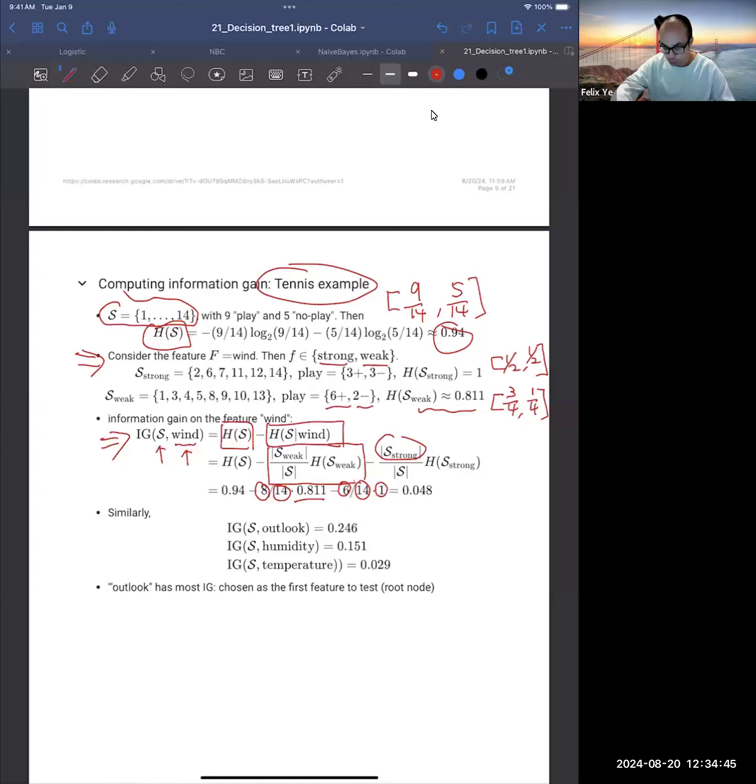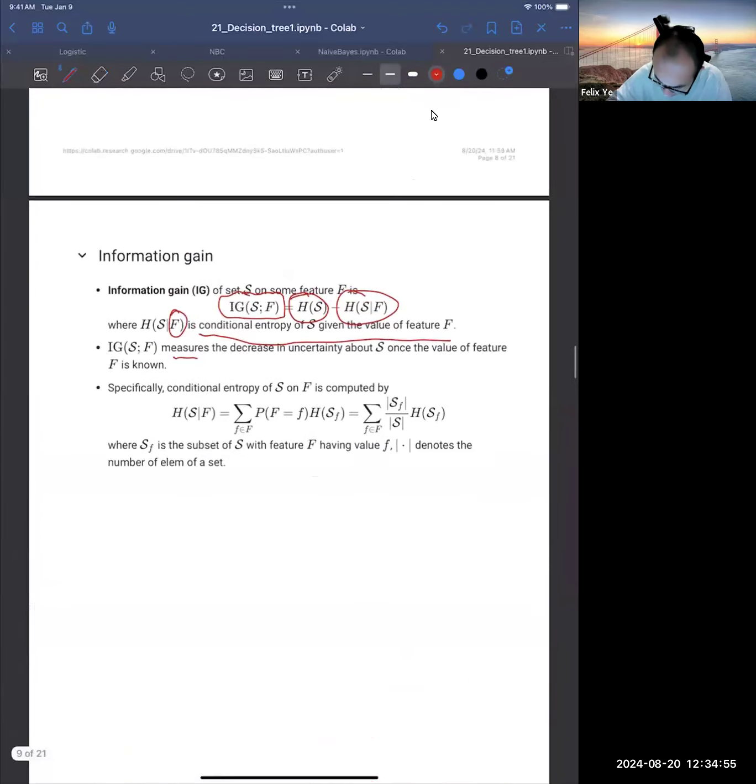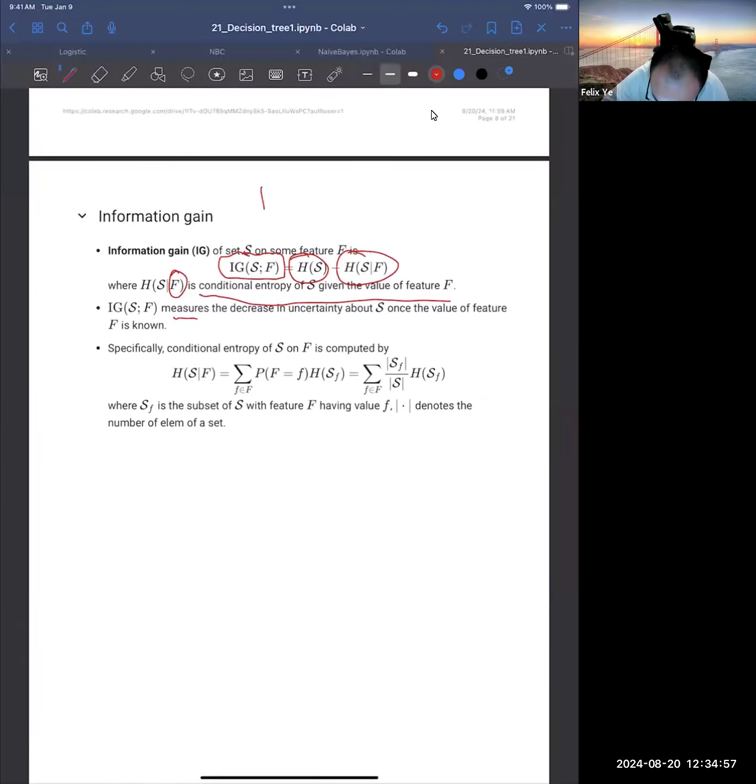You can show that information gain is always greater than or equal to 0. I didn't prove it here, but you can prove that information gain is always greater than or equal to 0. There's no way the second term is bigger than the first term.